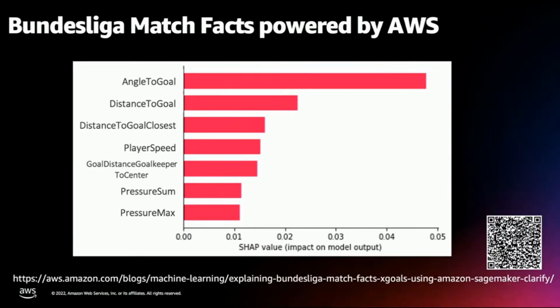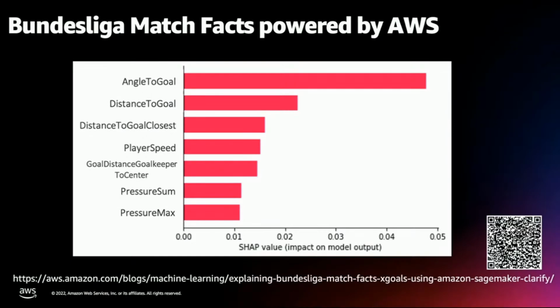So now that you've watched the video, you understand what these different features are. Right, so for example, angle to goal, the smaller the angle, the harder it is to score, because the goal opening is very narrow, and the wider the angle, the easier it is to score. So perhaps it's no wonder that in terms of the SHAP algorithm and the corresponding SHAP values that are computed, angle to goal is actually the most important feature overall.